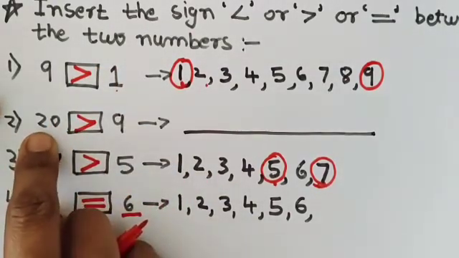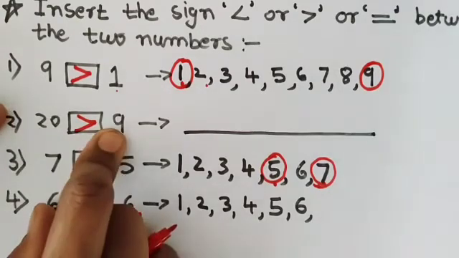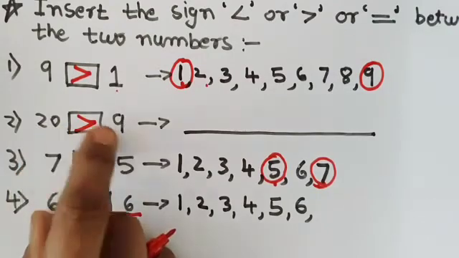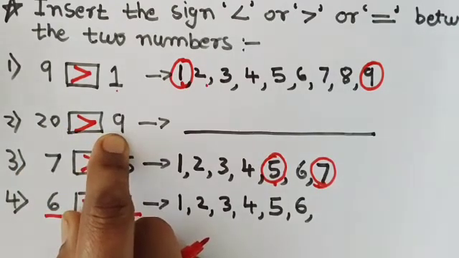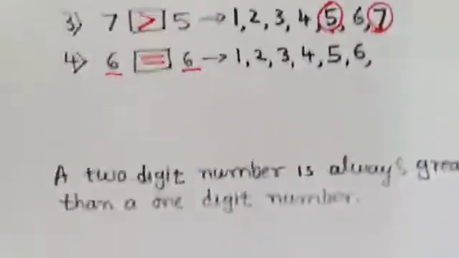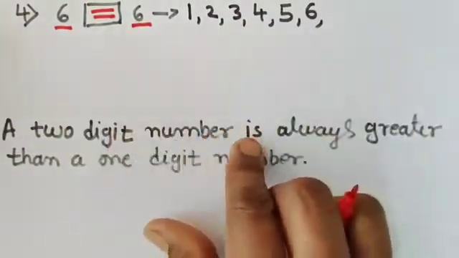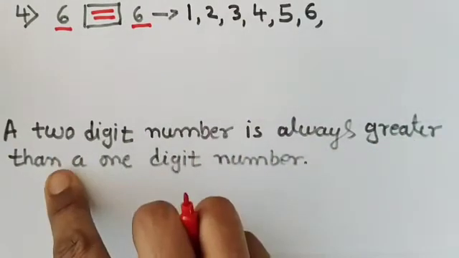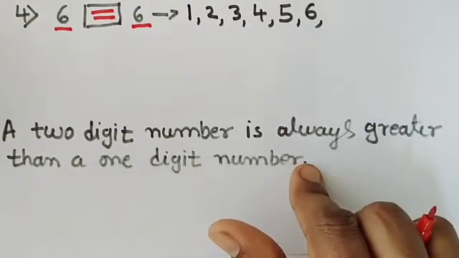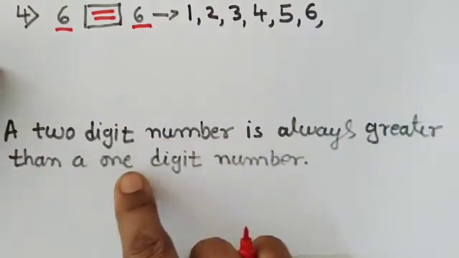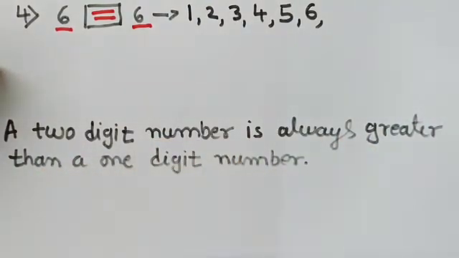Here we have 20 as the greater number and 9 is the smaller number because 20 is a 2-digit number and 9 is a 1-digit number. So children, please remember, a 2-digit number is always greater than a 1-digit number.